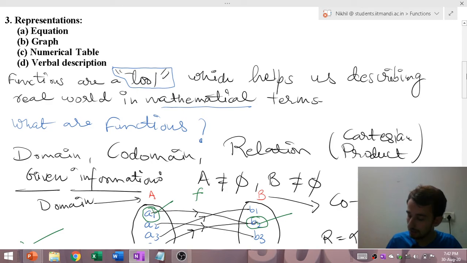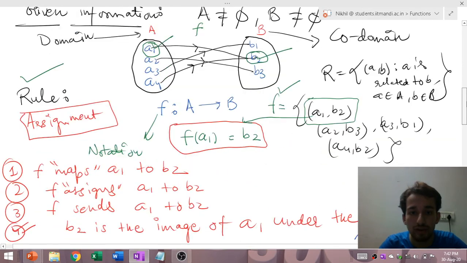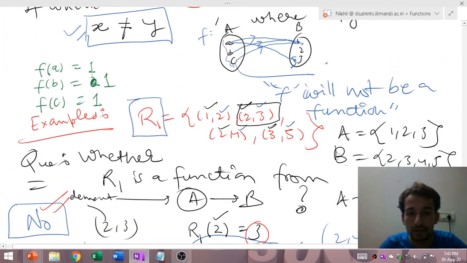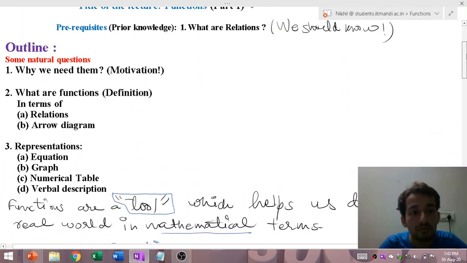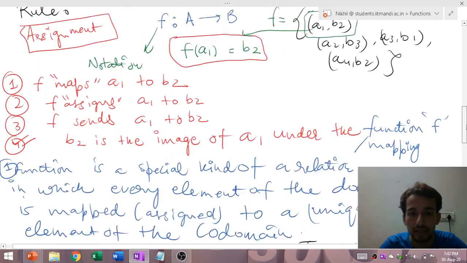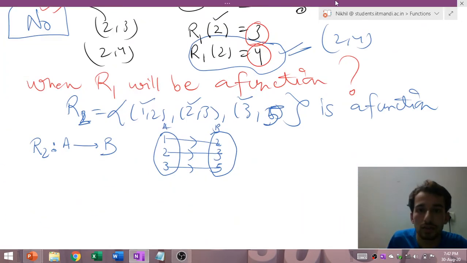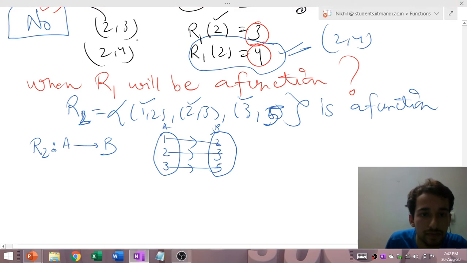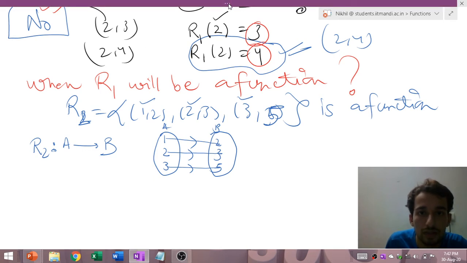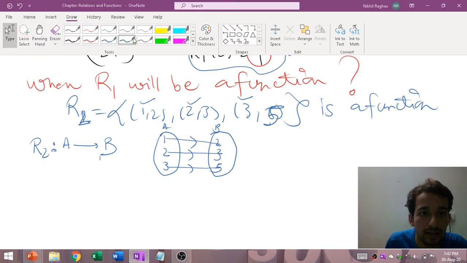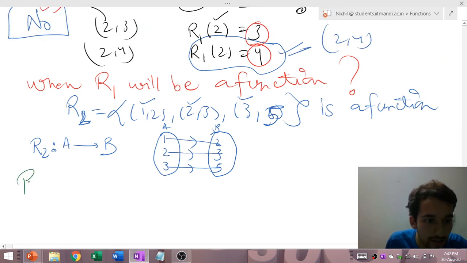So let me now move ahead to the lecture and give you some more clarity on some good concepts of domain and codomain. Just one good remark which I want to note here, using different colors so that you can get clarity.